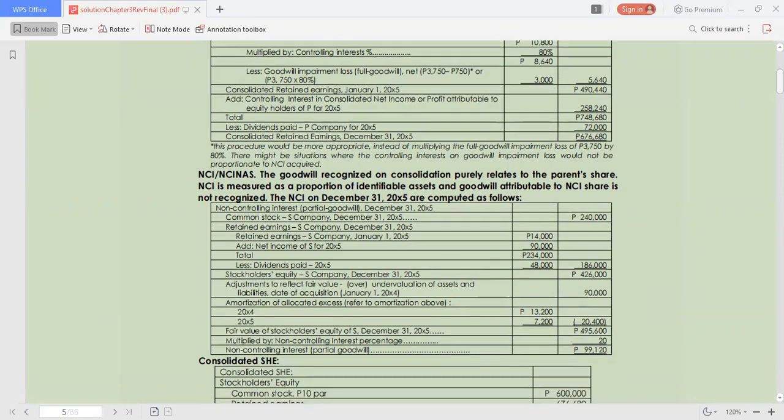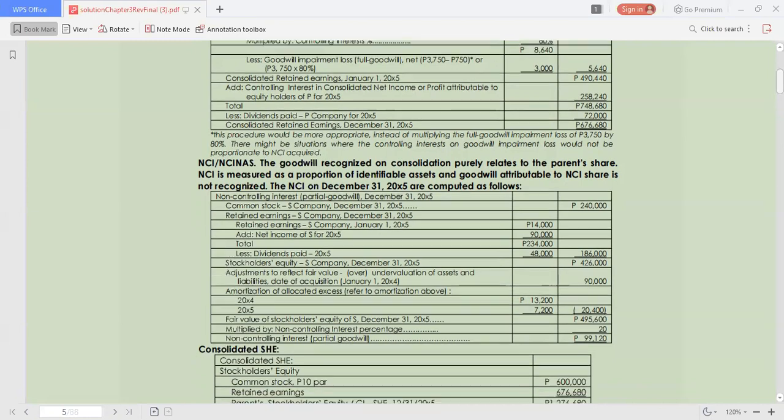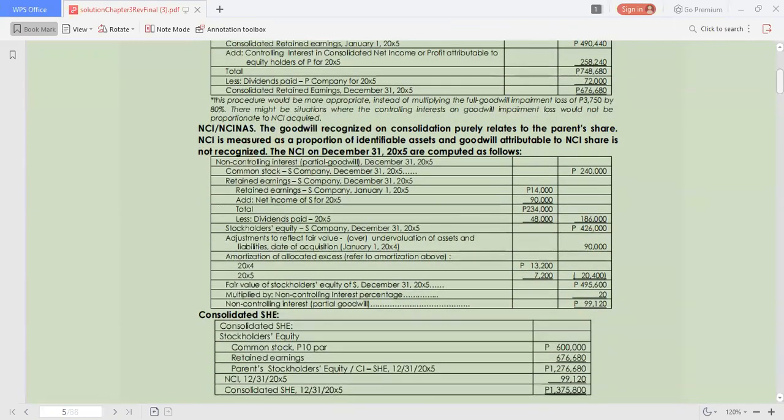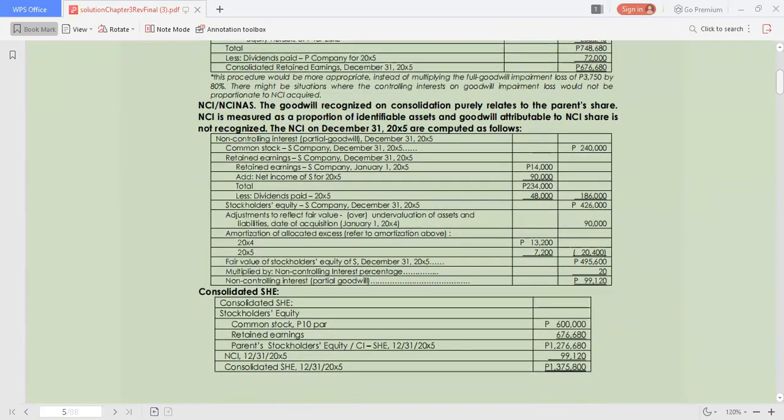We have now the common stock retained earnings of S Company for January 1, 20x5 of 14,000. We add net income for 20x5 and deduct dividends of 48,000. Then we have the adjustments to reflect undervaluation of fair values, and we have the amortization of allocated excess for 20x4 and 20x5.